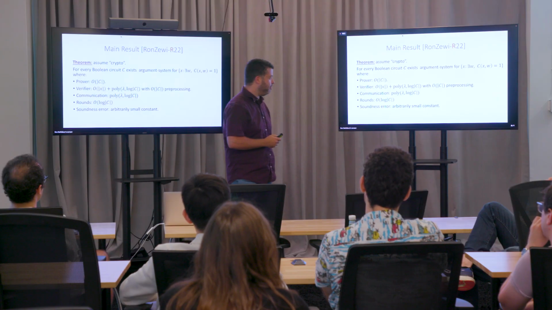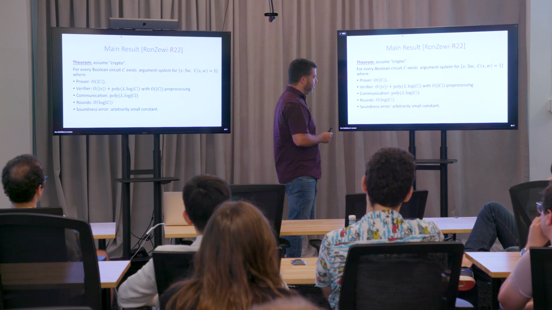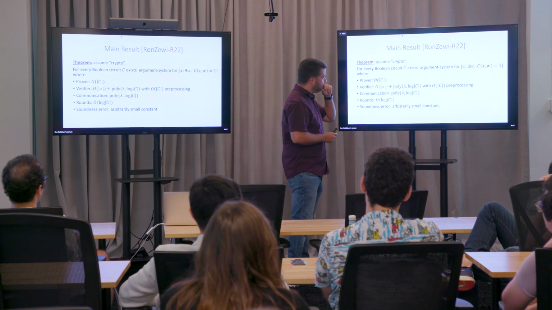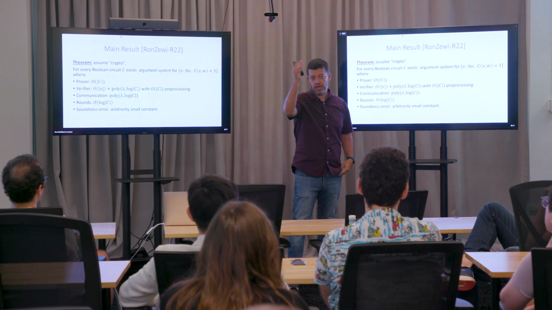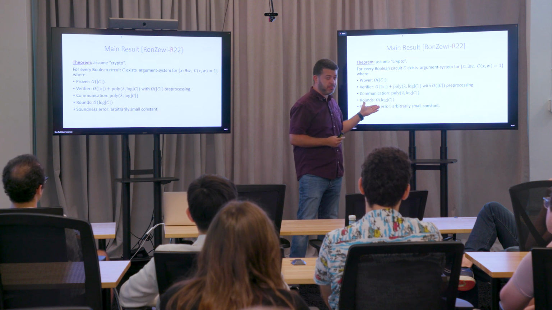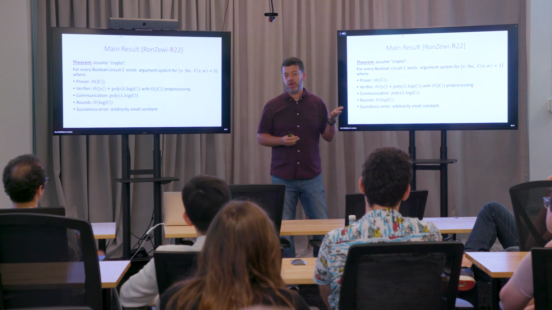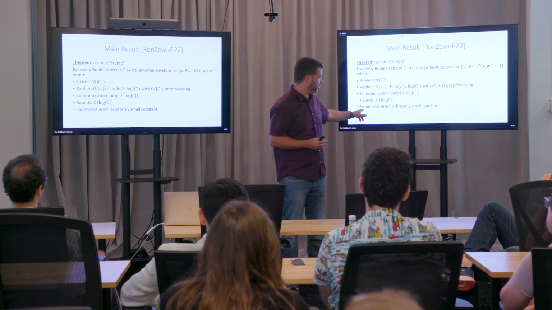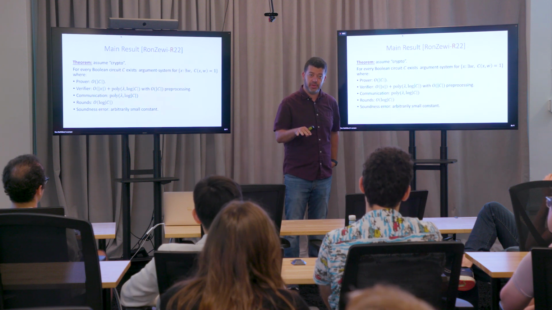Yeah. So what does arbitrarily small but not negligible in lambda mean? Think of asymptotics where lambda can grow. For example, you could take this basic protocol and just repeat it poly lambda times. The soundness error would shrink exponentially with lambda.